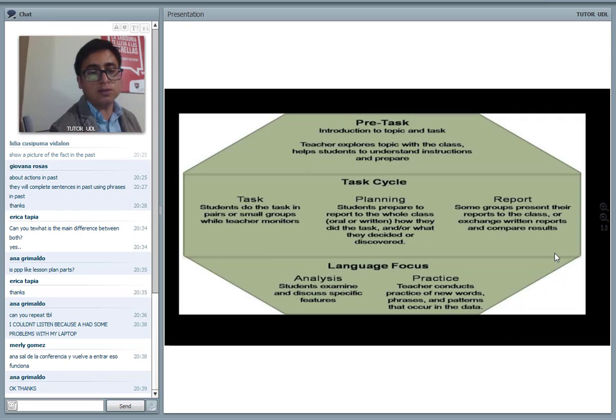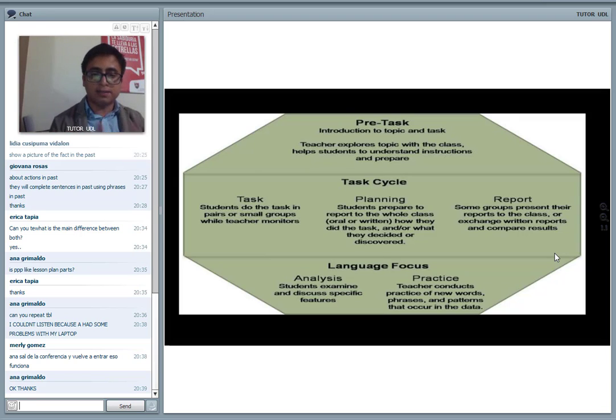So you make students get together, in groups of 4 or 5 students, according to the students that you have in your classroom, and you are going to give them some papers with the questions that you used in the introduction part. So they have to work together.